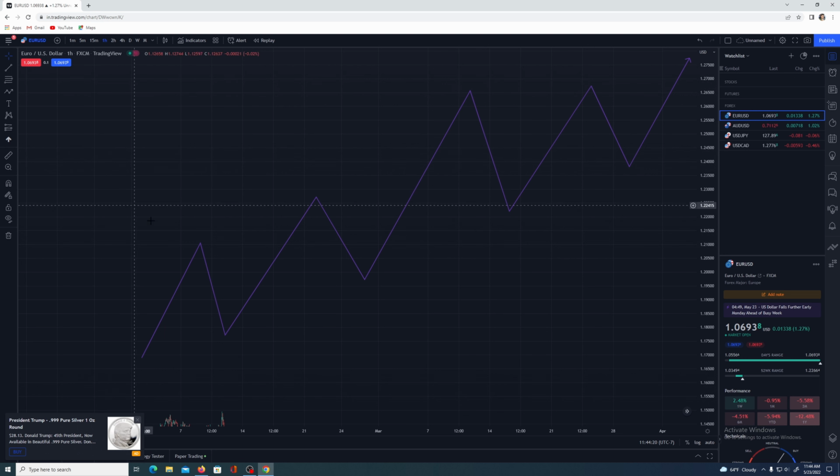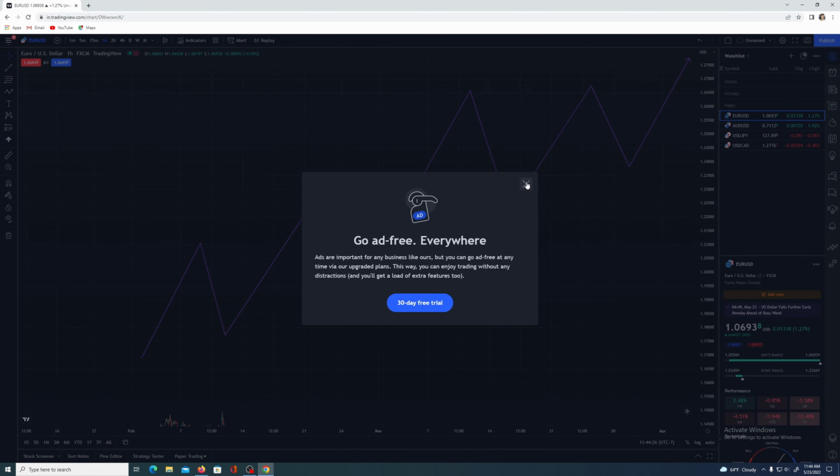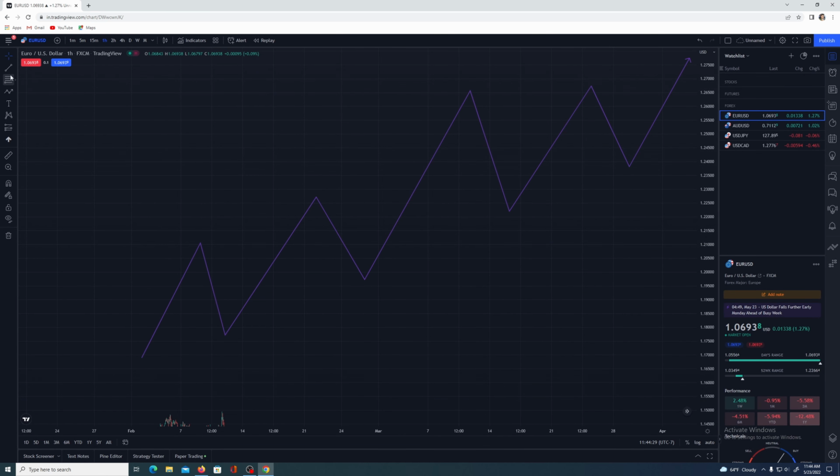So if an institution got in at the bottom, right here, we know that this will become a protected low, because those institutions are going to be protecting this low so that price doesn't come below it and they start going negative in their orders.